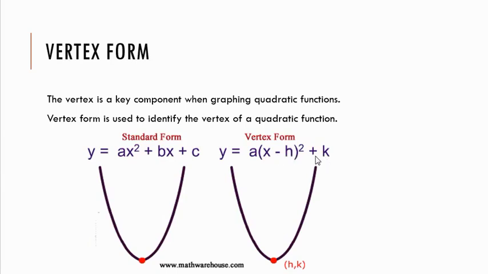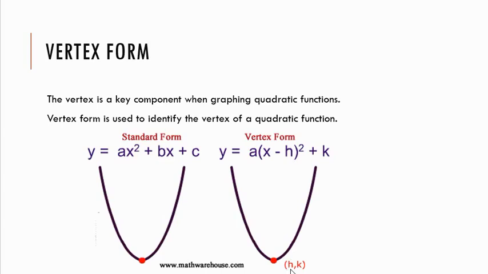So if you see a +3, for example, that means your y value is indeed +3. However, if you see a -3 in vertex form, then the y value of your vertex is indeed -3. But if we go over to h, if we have x minus h, in fact, it's opposite.